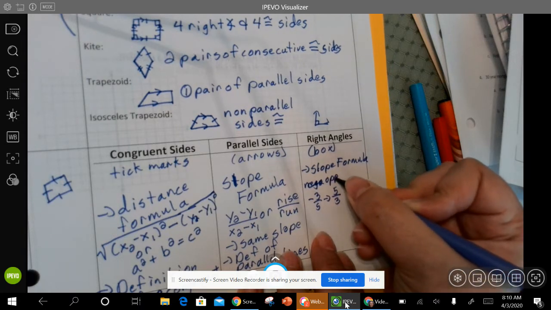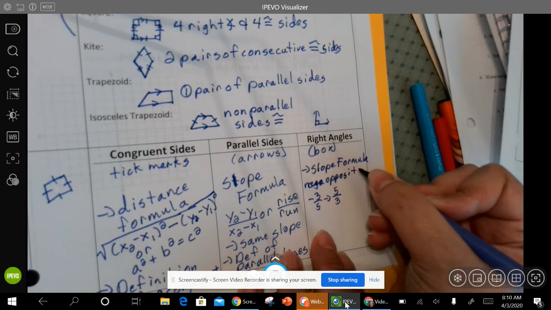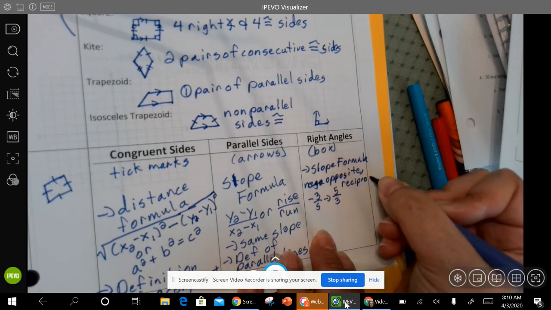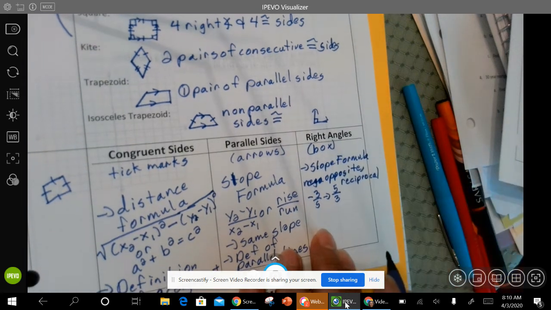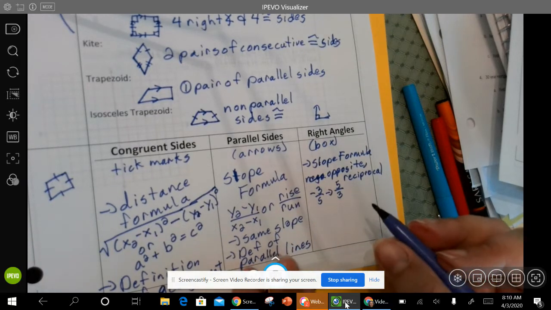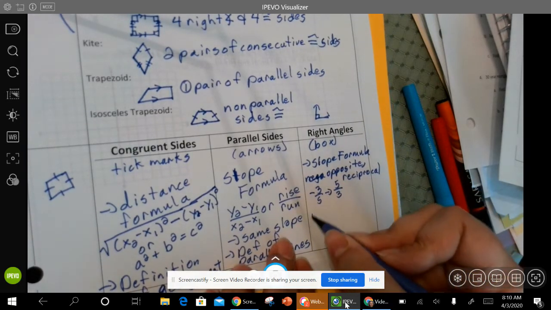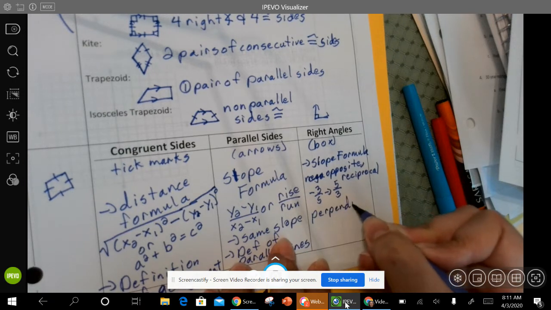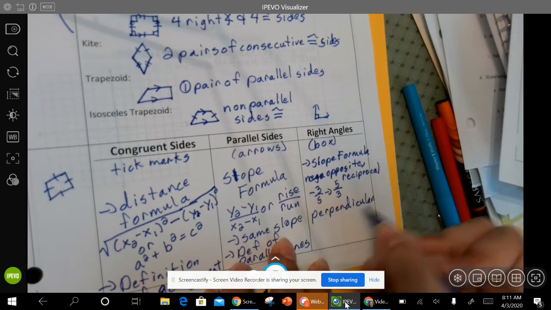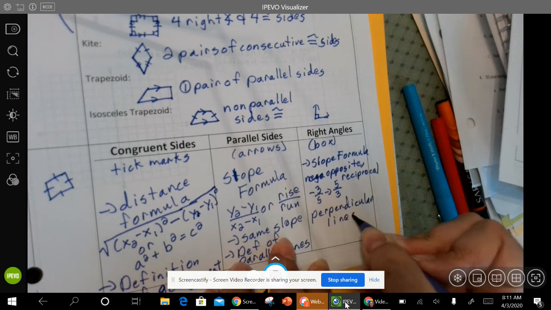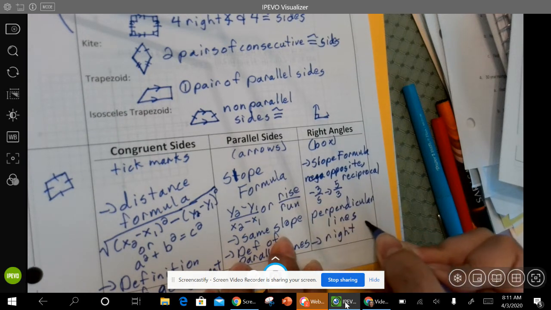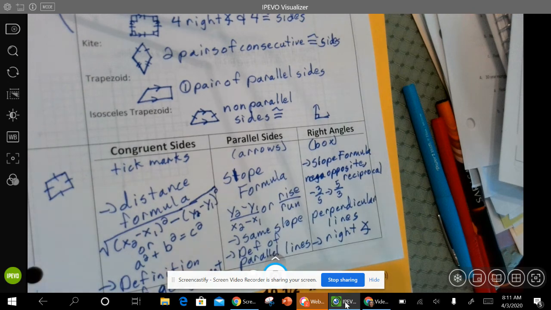So opposite reciprocal, perpendicular. So if the lines are perpendicular, or perpendicular sides, they also have to be right angles.